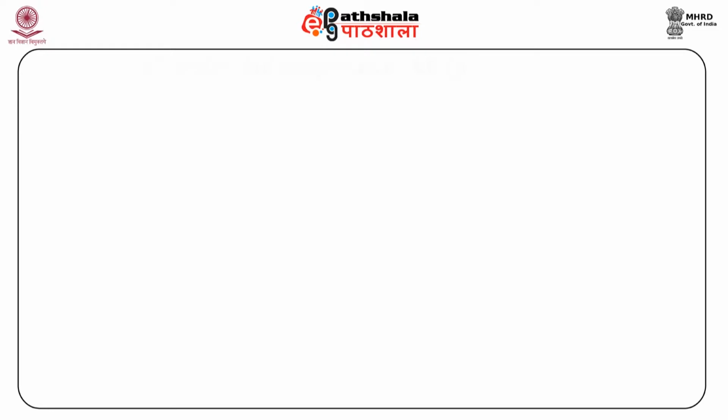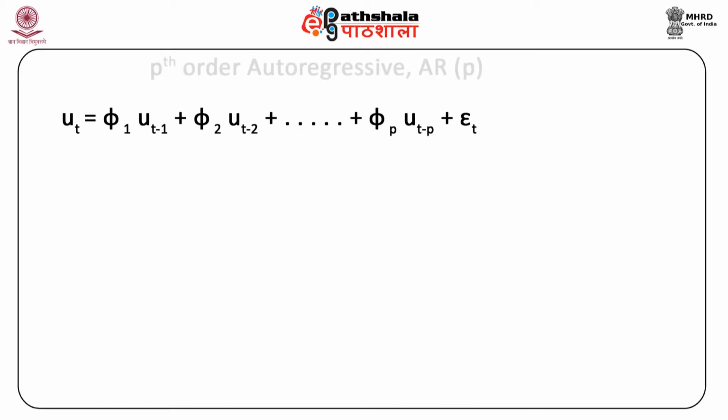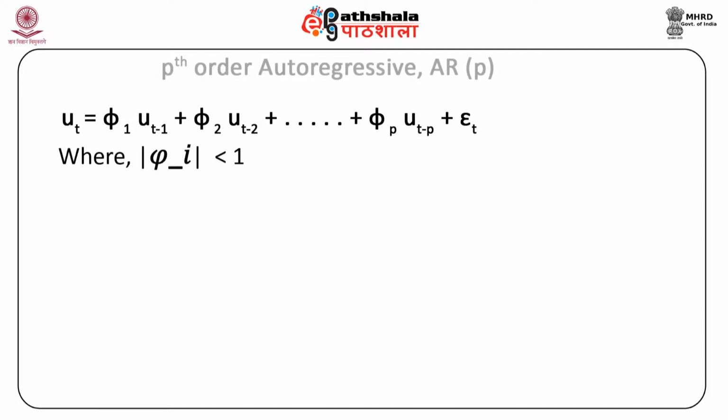In general, a pth order autoregressive, or AR(p), scheme may be defined as follows: ut is equal to phi 1 ut minus 1 plus phi 2 ut minus 2 plus so on up to plus phi p ut minus p plus epsilon t, where modulus phi i is less than 1.